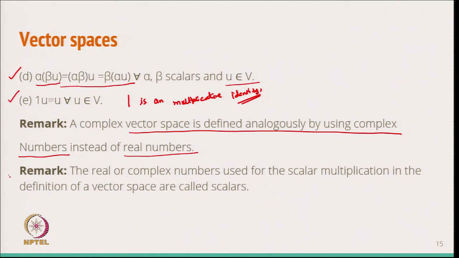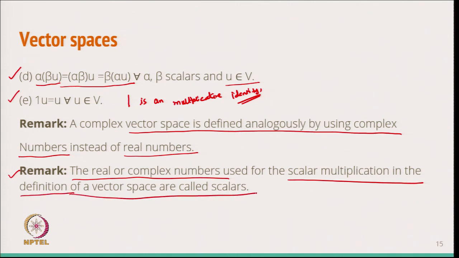Also, the real or complex numbers used for the scalar multiplication in the definition of the vector space are called scalars. As I told you, the scalars come from the field. If that field is the set of real numbers, then it is a real vector space. If it is complex numbers, then it is called a complex vector space.